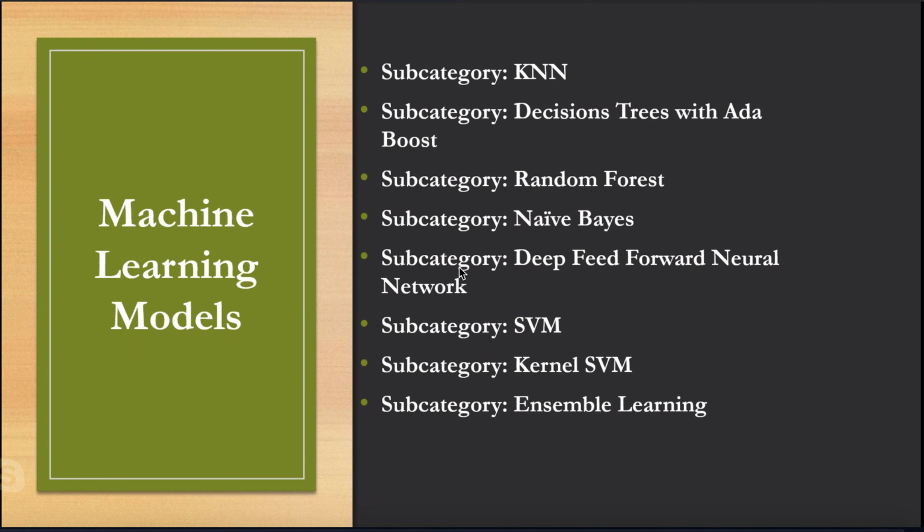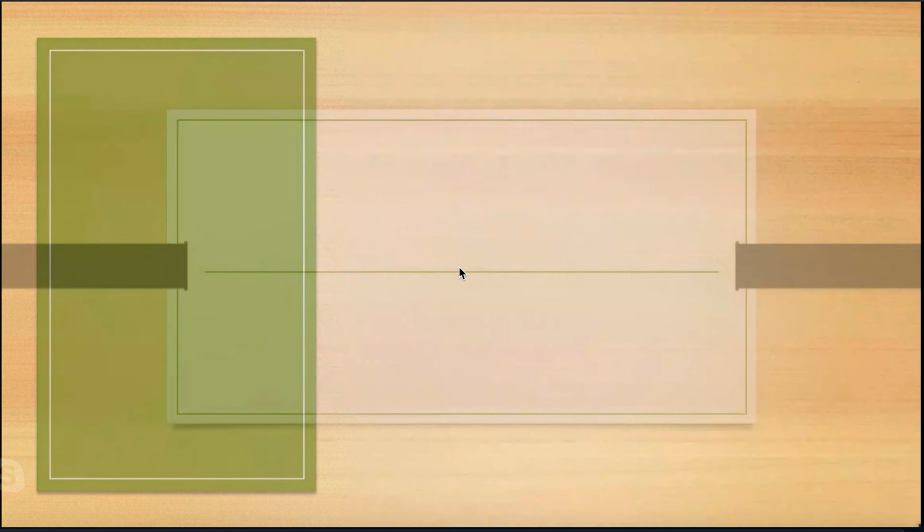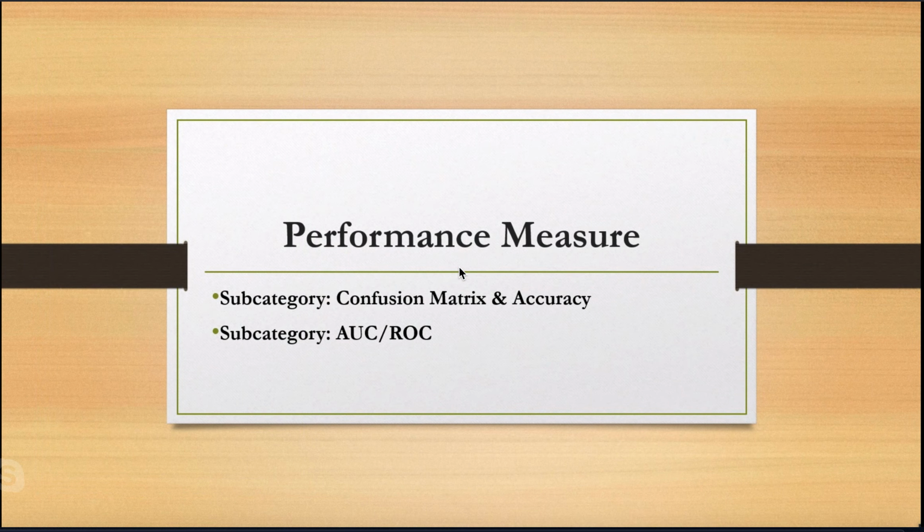These are the different machine learning models we applied: KNN, decision trees, random forest, SVM, kernel SVM, and ensemble. We have a couple of slides to show you how well these models perform. Performance-wise, we used a confusion matrix and also accuracy, and based on that we calculated how well each model performed.